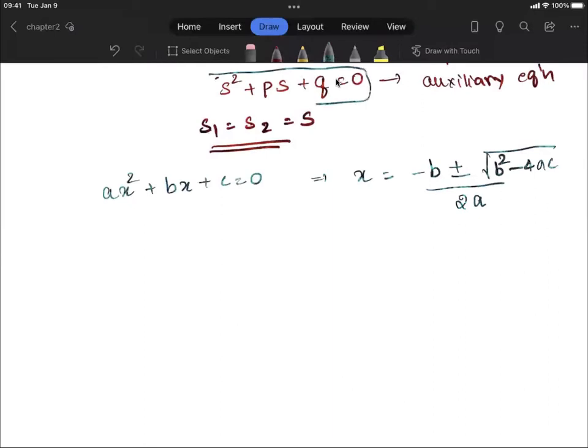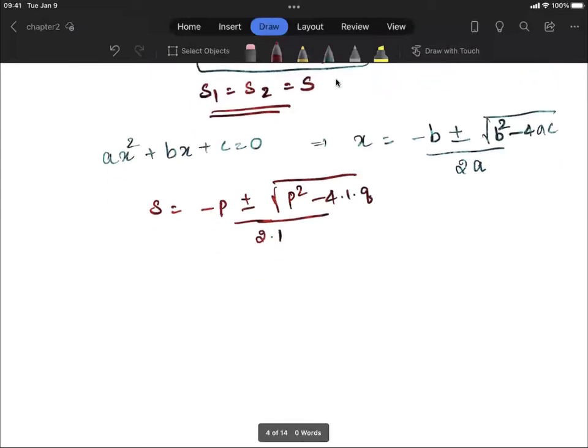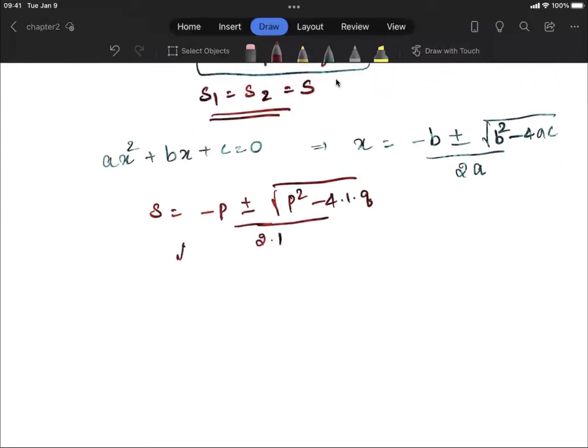Now for this particular quadratic equation, s is going to be of the form minus p plus or minus root p squared minus 4 times 1 times q, divided by 2. Here the first root s1, let's say, is this. The second root s2 should be this.